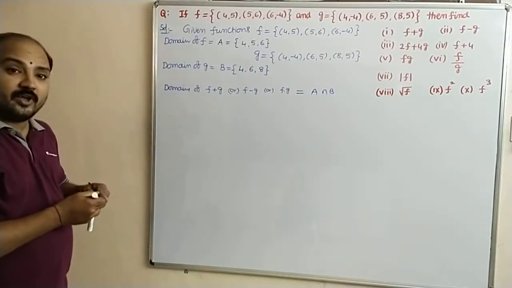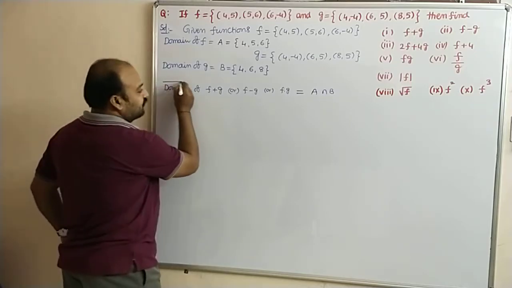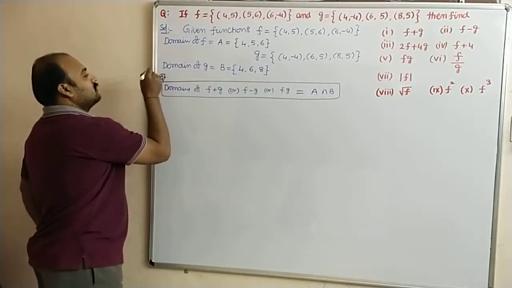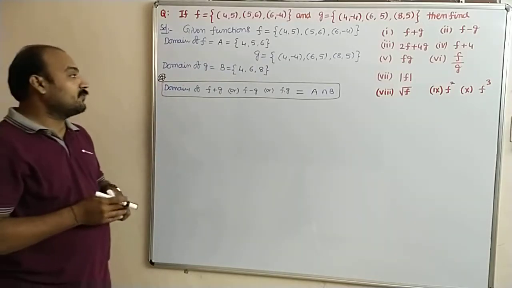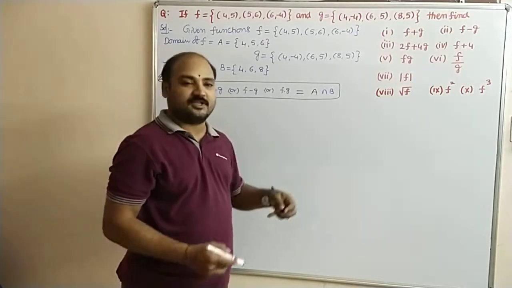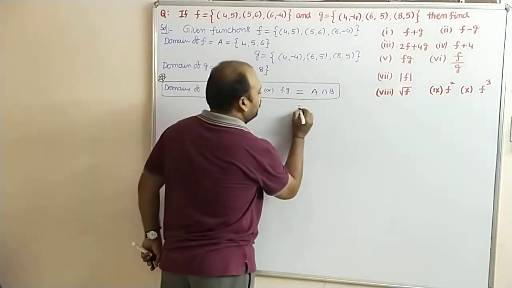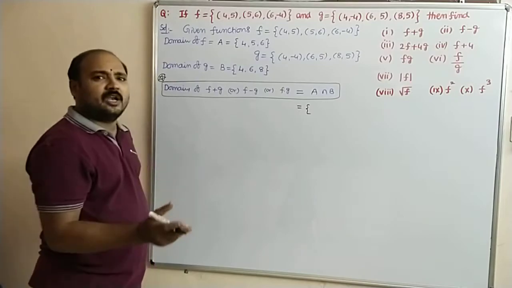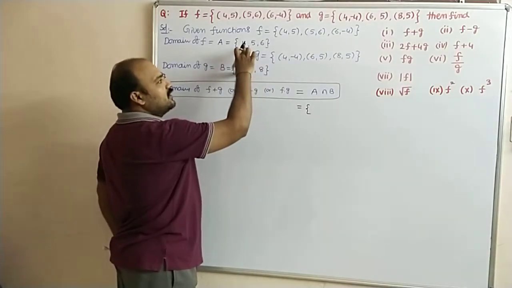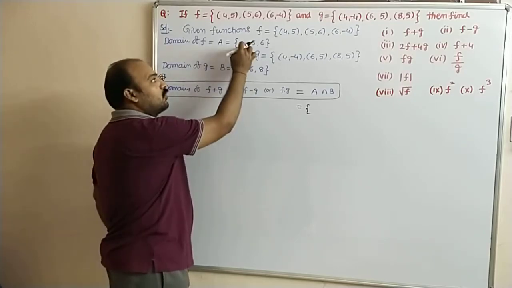You remember that, it is a very important point. You keep it in mind. Domains of f plus g, f minus g, f into g equal A intersection B, which is equal to the common elements in both sets 4, 5, 6 and 4, 6, 8. In these two sets, which elements are common? 4 and 6.